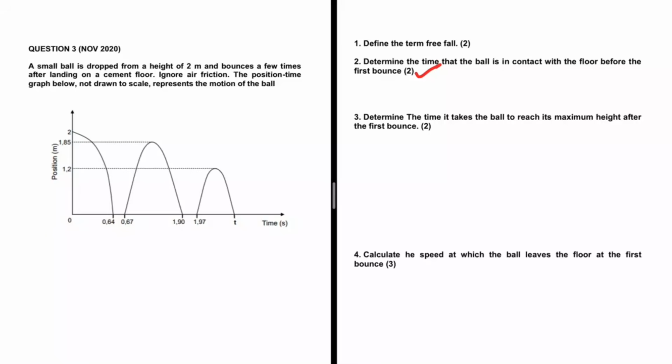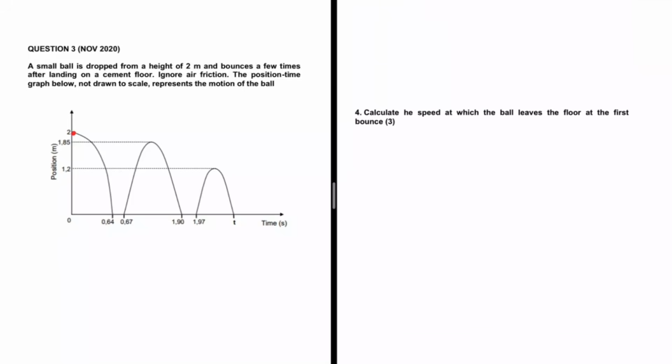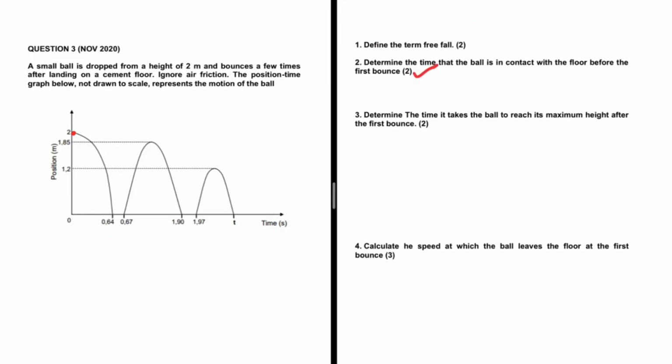A small ball is dropped from a height of 2 meters and bounces a few times after landing on a cement floor. Okay, we can see clearly from the position time graph that it is indeed dropped from a height of 2 meters. Okay, it is dropped, so that gives us the velocity. We now know that the initial velocity at 2 meters above the ground is 0 meters per second.